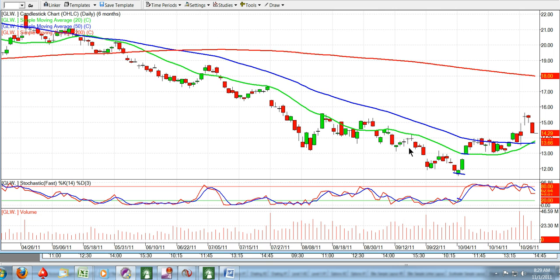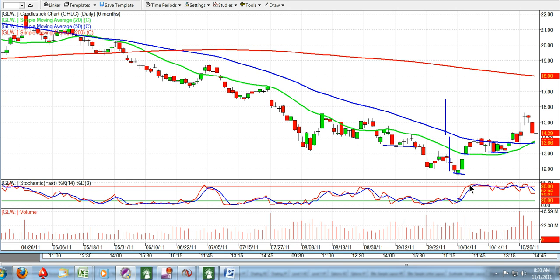Now for those of you that are familiar with patterns, this is actually an inverted head and shoulders, where you have a shoulder here where it held the 20, and then your head is here. And what you do is you measure from your shoulder down to your head, and then you can typically expect this to measure from this distance and then go up about the same amount.